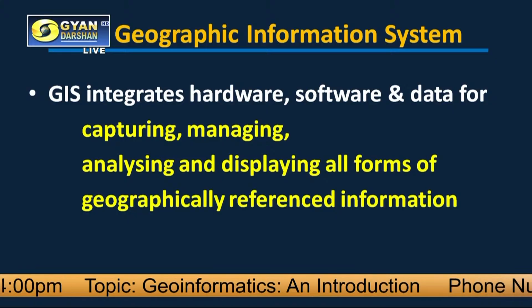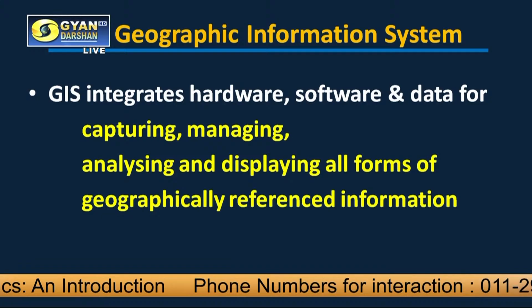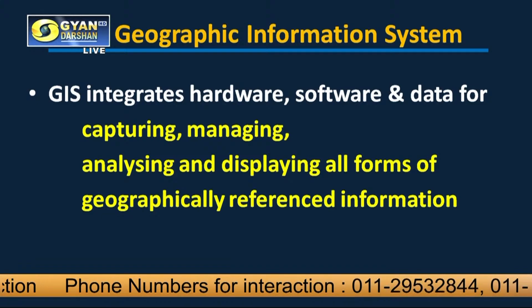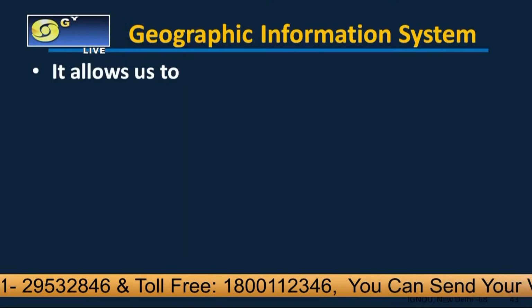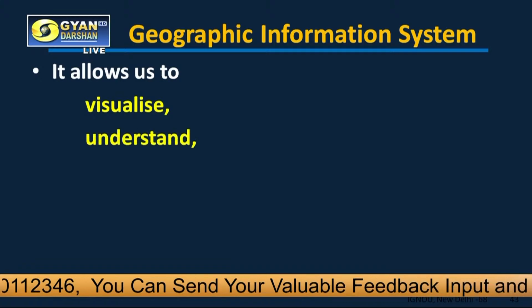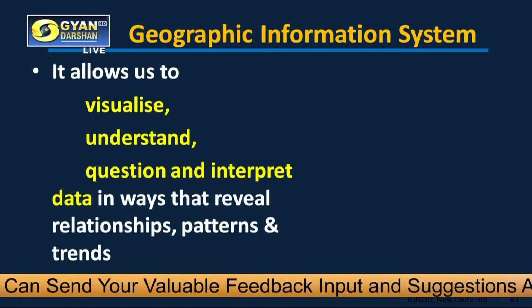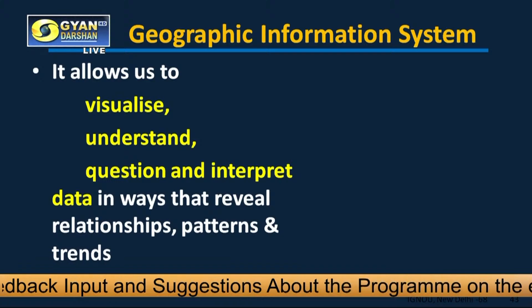GIS integrates software, hardware, and data for capturing, managing, analyzing, and displaying all forms of geographically referenced information. So, let us recapitulate: it allows you to visualize, understand, question, and interpret data in ways that reveal relationships, patterns, and trends.